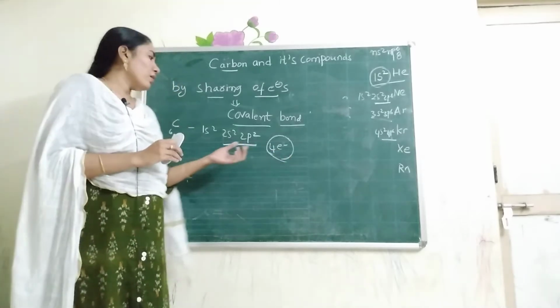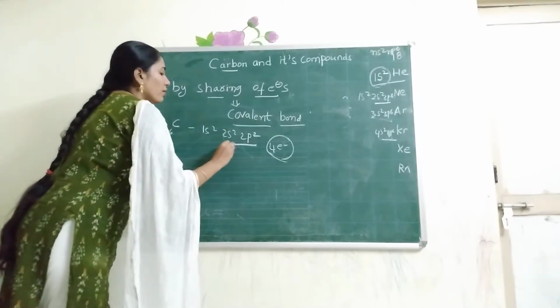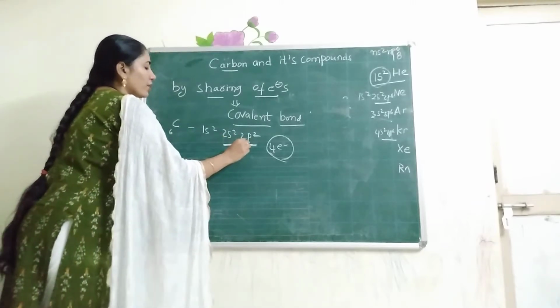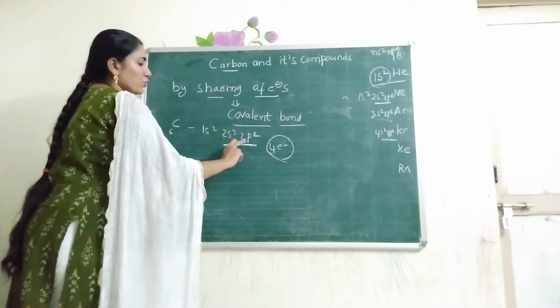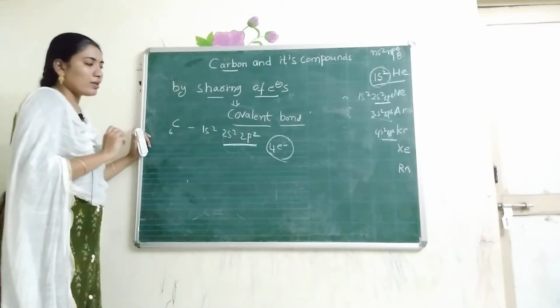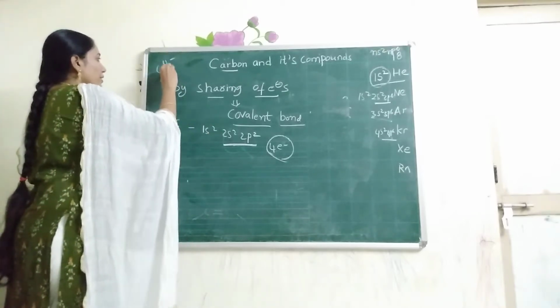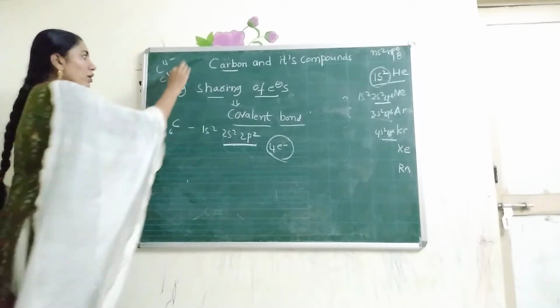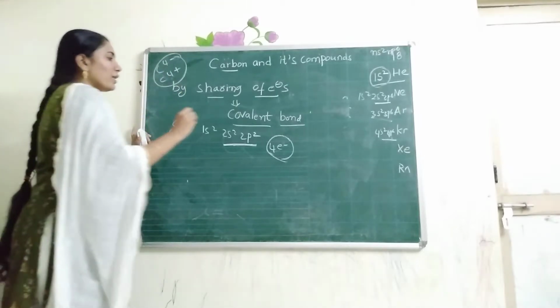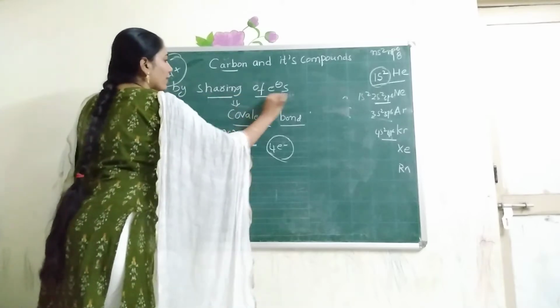configuration. For example, here the configuration of carbon is 1s2, 2s2, 2p2. In the outermost shell, it has 4 electrons. So the carbon does not form C4 minus and C4 plus normally. To attain octet, it will attain octet by sharing of electrons.